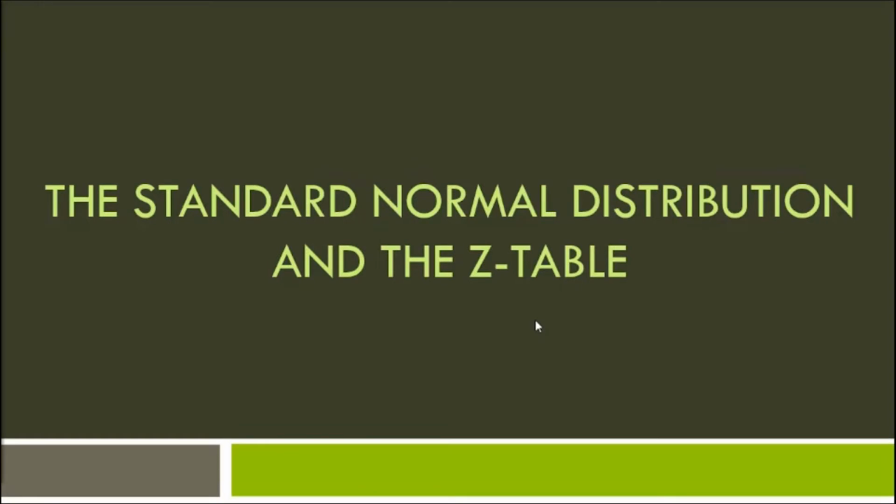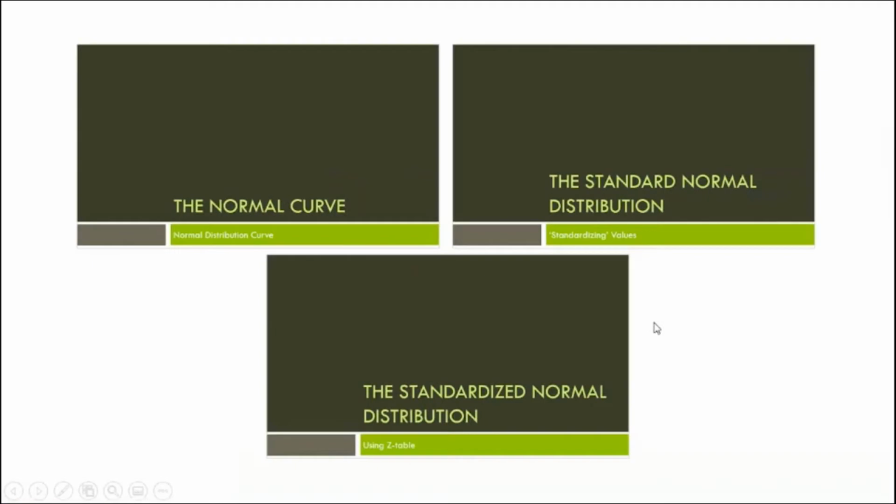Good day, everyone. Welcome to the last topic of the standard normal distribution and the Z-table. In our previous discussions, we learned how to graph certain values into the normal curve, and we used the Gaussian function to get the density so that we can graph them into the normal curve.